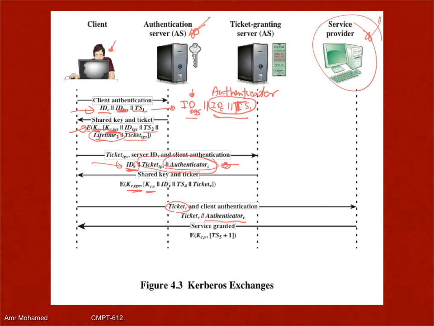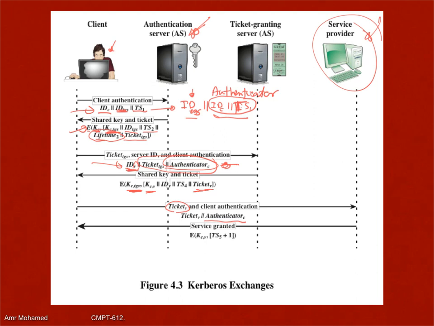In that case, the response will have, using the shared key, a session key between C and the service provider, and I will give you a ticket, which again is a grant for you to be able to communicate with the service provider for a duration of time, so that you don't have to present yourself every single time to the service provider.